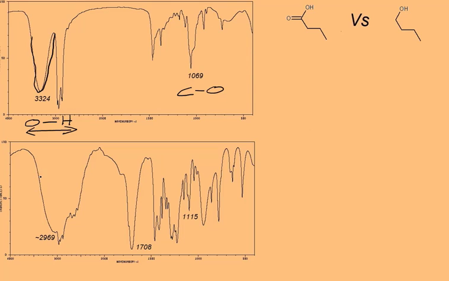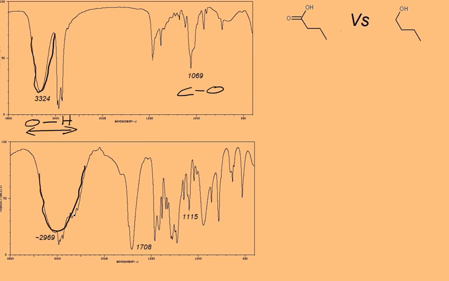However, although the OH stretch is again broad for the carboxylic acid, we can see here that the position for that stretch is much lower, usually centered somewhere around 2900 to 2800, and it actually overlaps the CH stretching we see for an alkane. That overlap is not normally seen with an alcohol. So that OH stretch on a carboxylic acid is much lower in energy.